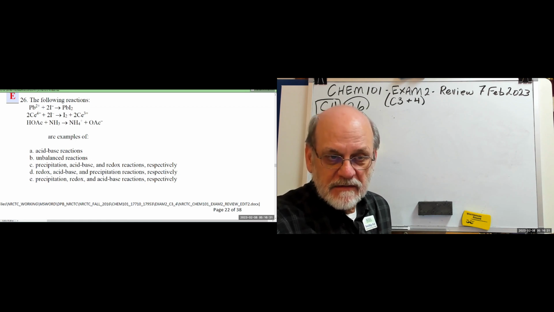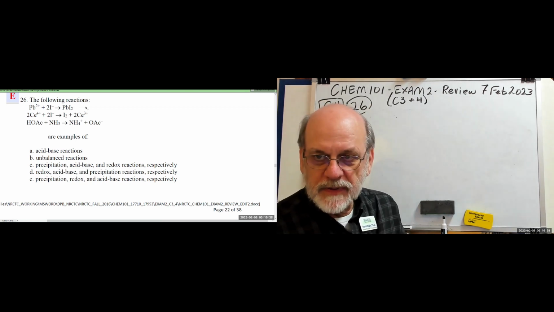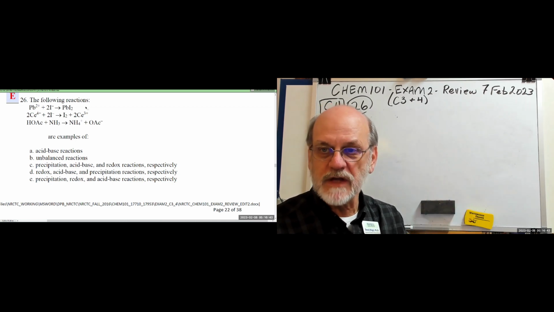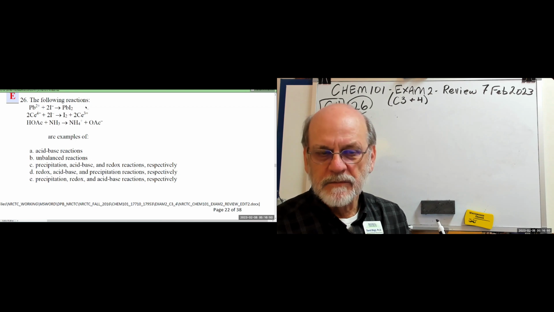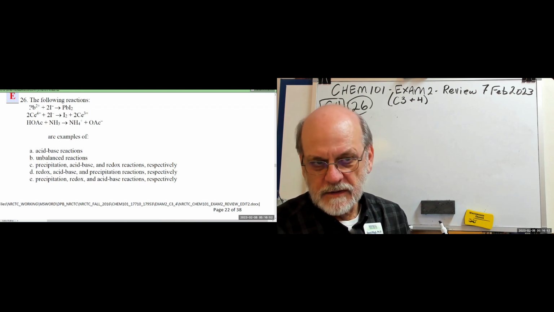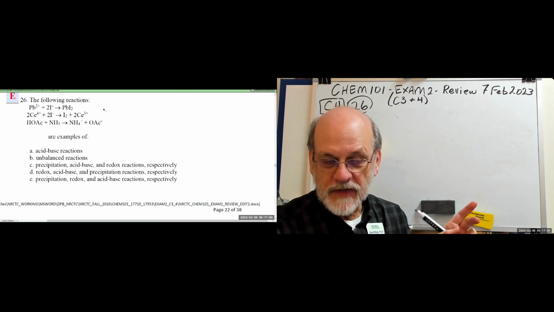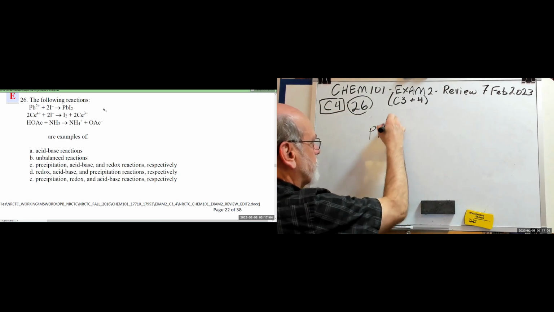If we take this lead ion and this iodide ion and make this compound, if you look it up in the document with the shaded squares and the clear squares, I don't have a copy handy with me right now, but if you cross the lead 2+ with the iodide ion, you'll find that lead iodide is insoluble. So that first one is a precipitation.